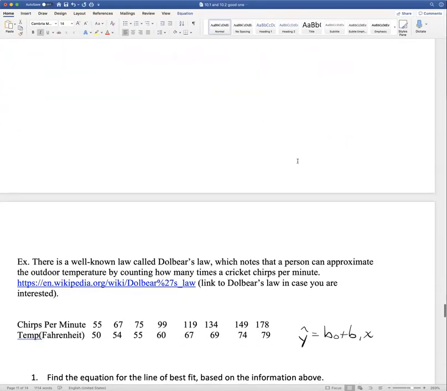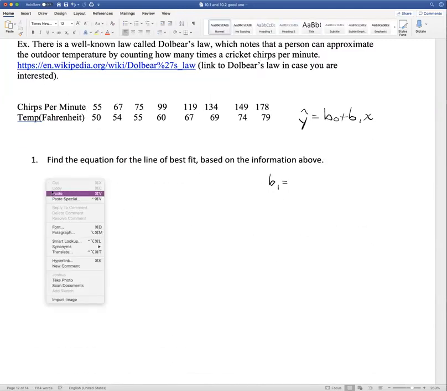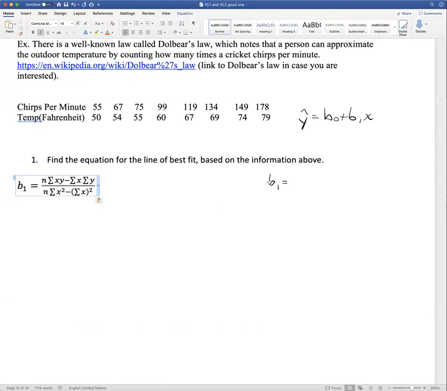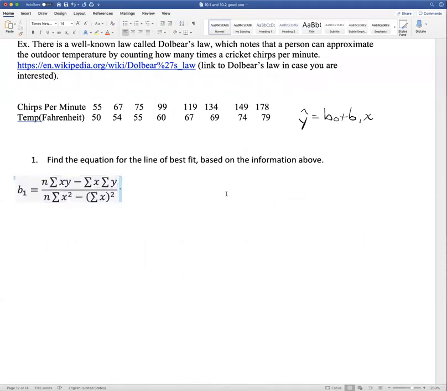The formula for slope looks like n times the sum of xy minus the sum of x times the sum of y, divided by n times the sum of x squared minus the quantity sum of x, squared. So we're going to do exactly the same thing that we did when we were dealing with the column method before.